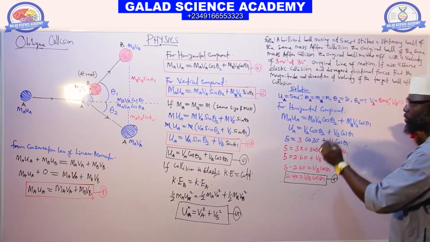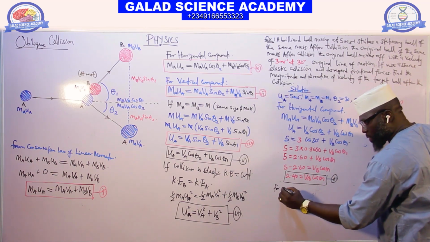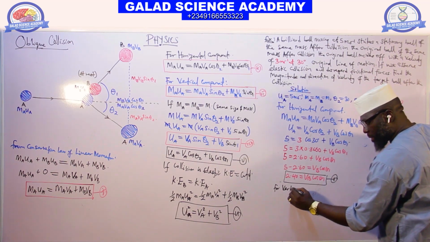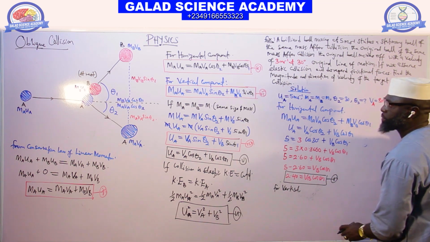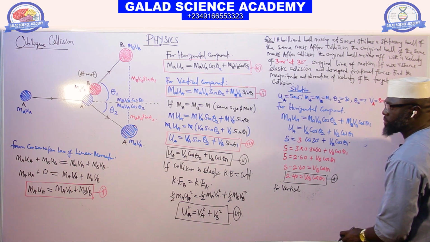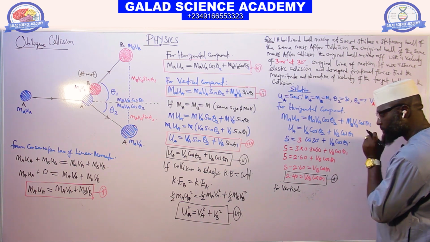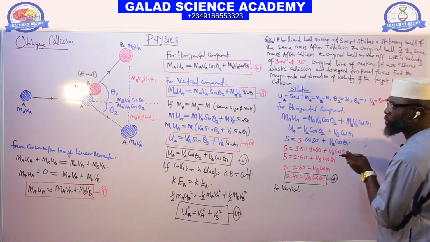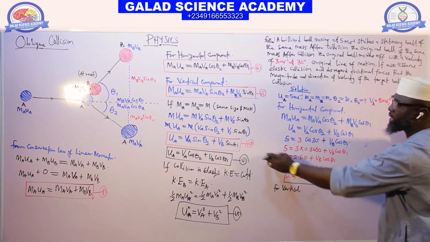So yeah, the second one is for the vertical component. What is the vertical component formula?